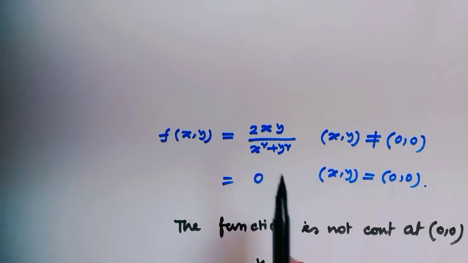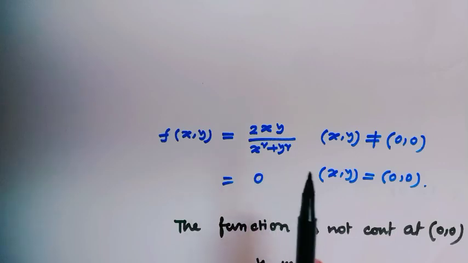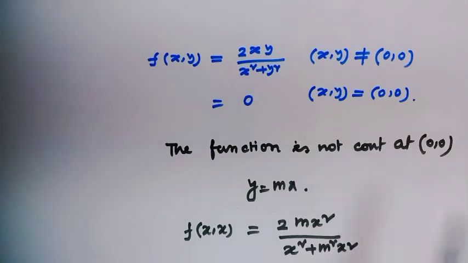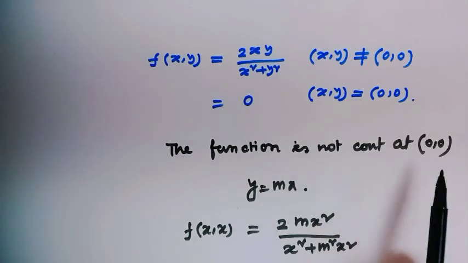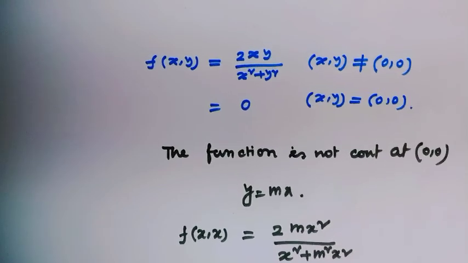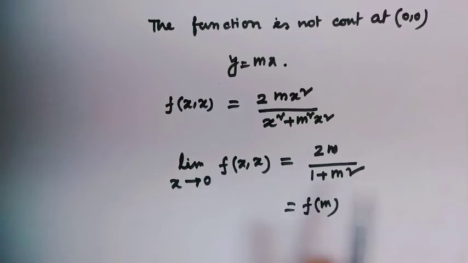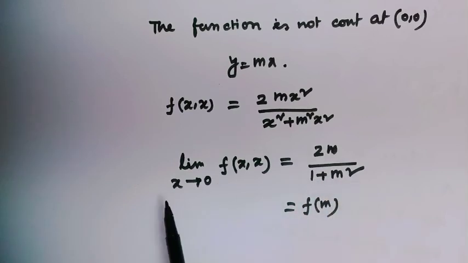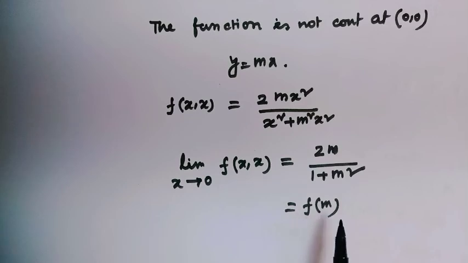But this function does not have continuity at the point (0,0). Why? Because if you consider the path y equals mx, then the value will be 2m over 1 plus m square after calculating, which is equal to f(m).